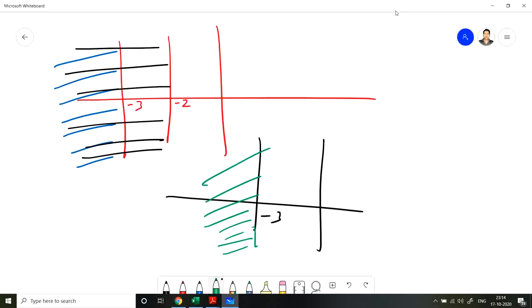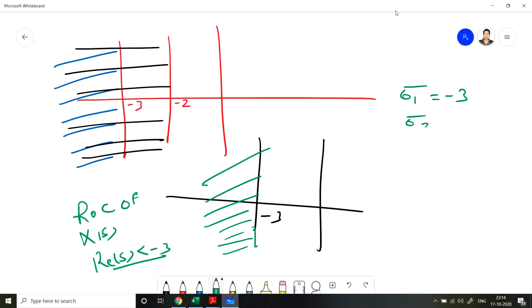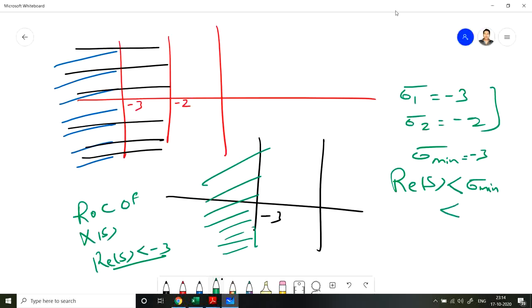So the ROC of X(s) is real part of s less than minus 3. Now let sigma 1 equal minus 3 and sigma 2 equal minus 2. So what is sigma minimum? Sigma minimum is minus 3. So hence we have proved the property that real part of s is less than sigma minimum, because sigma minimum is minus 3.